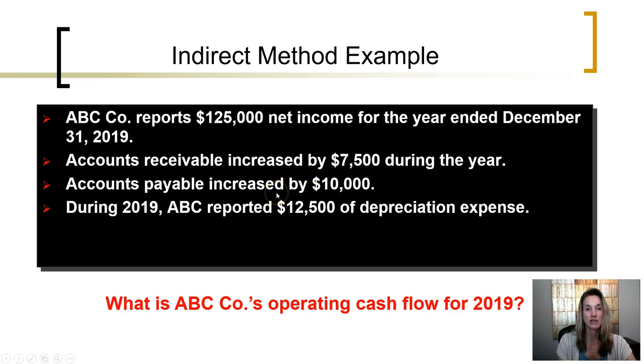They had one current liability account, accounts payable, increased $10,000 during the year. And during the year, ABC reported $12,500 of depreciation expense within its income statement. We are going to calculate ABC's operating cash flow for the year 2019.